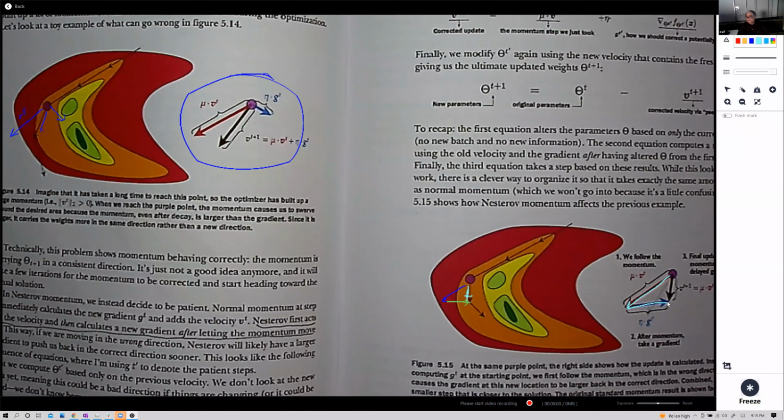Then you computed the gradient, which takes you steeply back in. And so your net motion is in this direction, vt plus 1. But you actually took 2 steps. And so you don't fly off the handle. In the left one, you're just sort of flying off. But here, you have a much stronger pullback. And so you converge to your solution much faster.